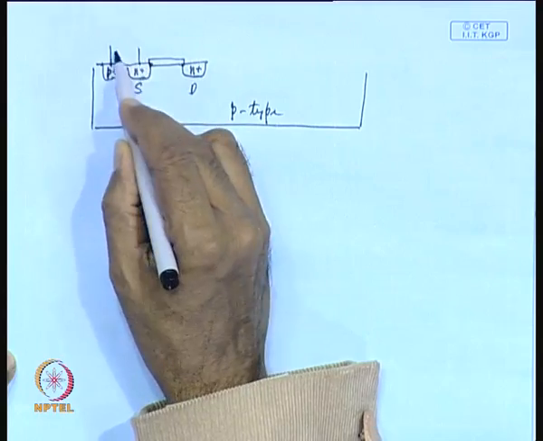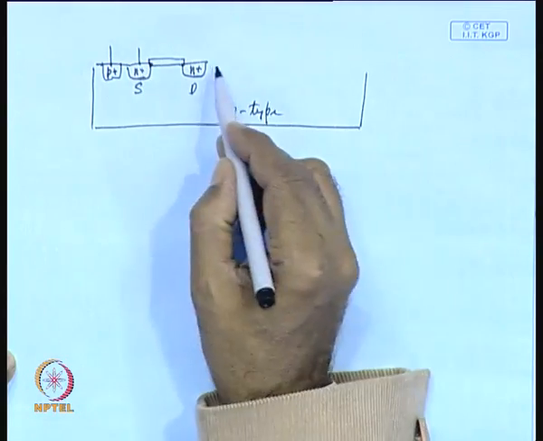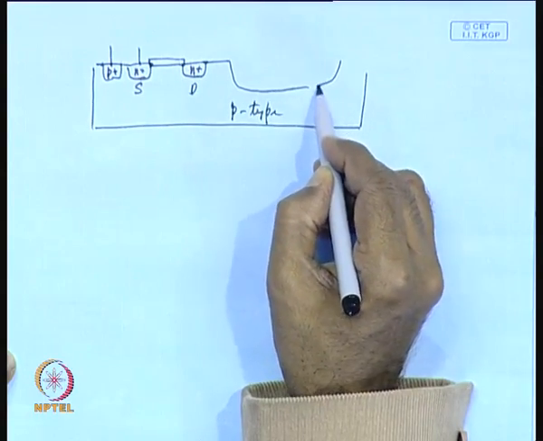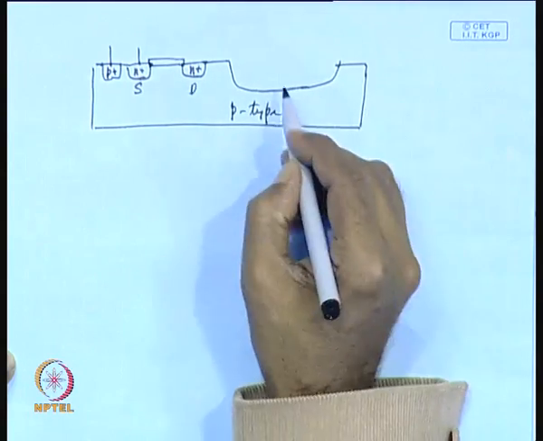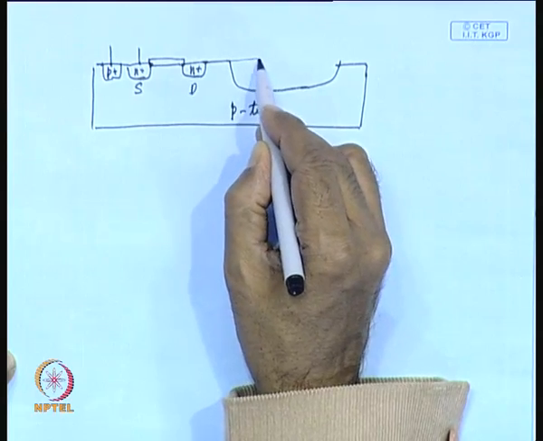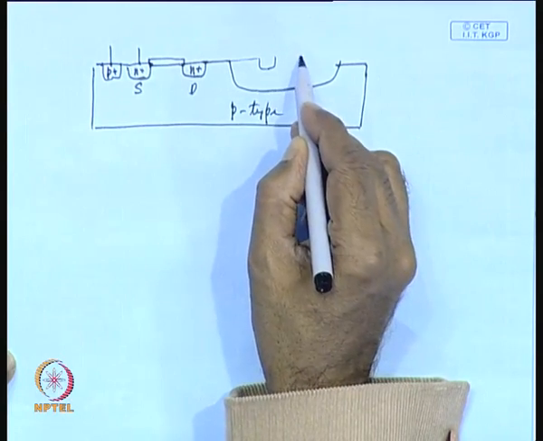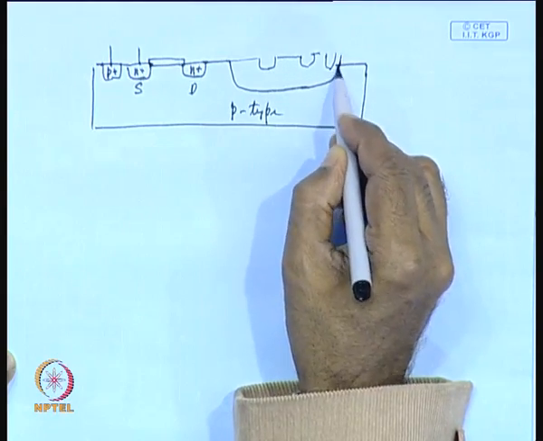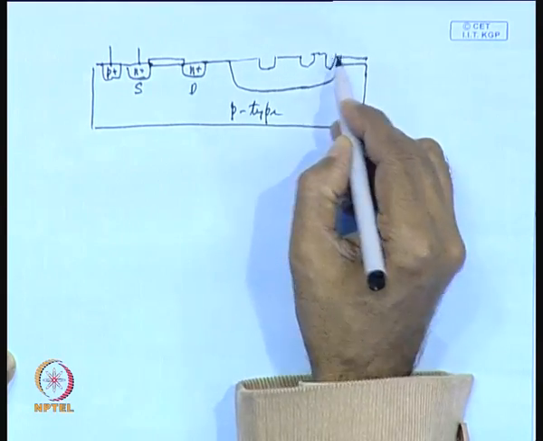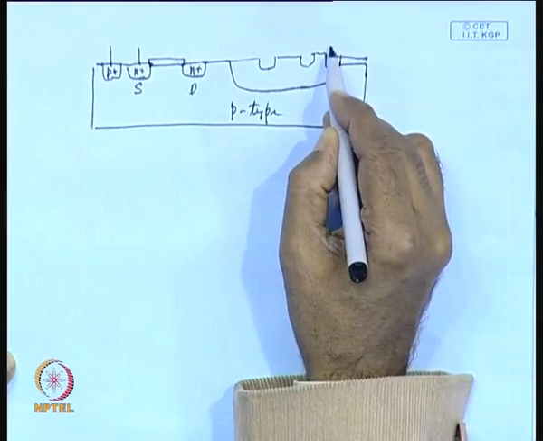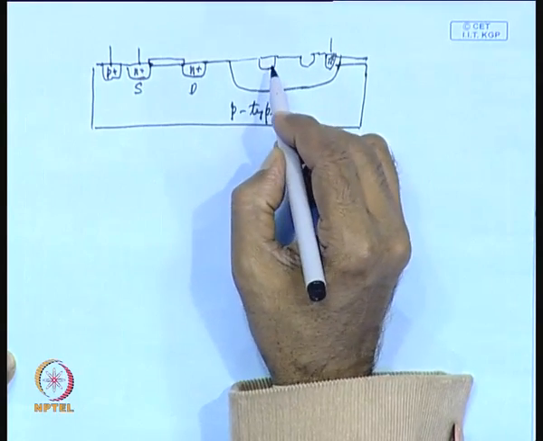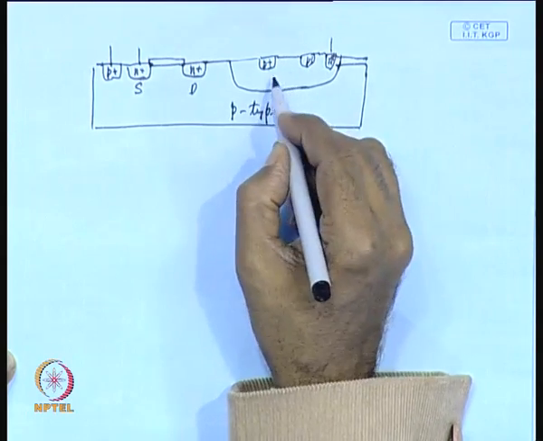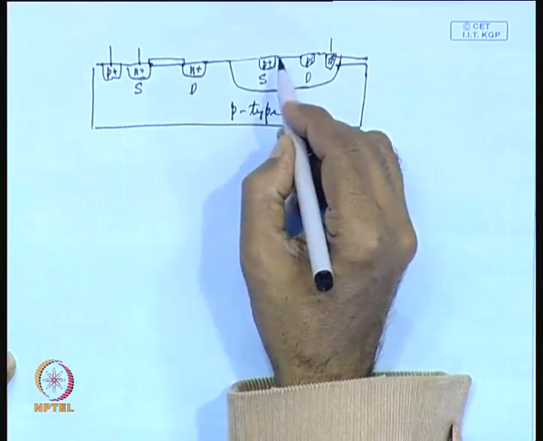You are not connecting these two, and similarly you will be having a well, and in this n well you will be fabricating another transistor, p type transistor, and the well can be connected by having an n plus region, and this one is p plus, this is also p plus, source and drain of the p type transistor.